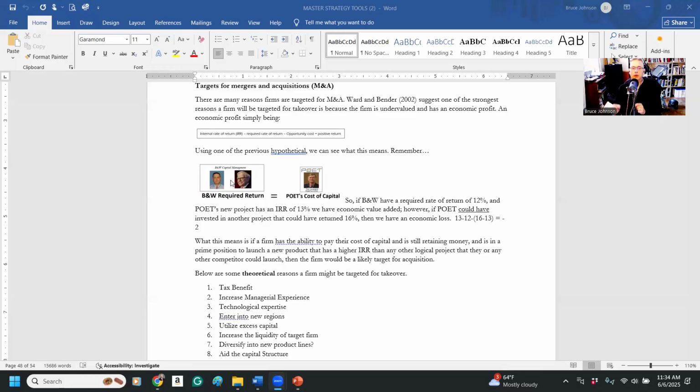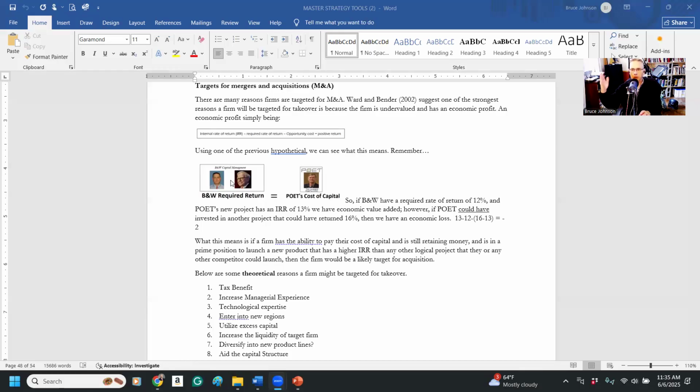Okay. So Warren's and my required rate of return is 12%. The difference between the rate of return of the project and our required rate of return is about 4. So we would have what's called economic value added of about 4%.